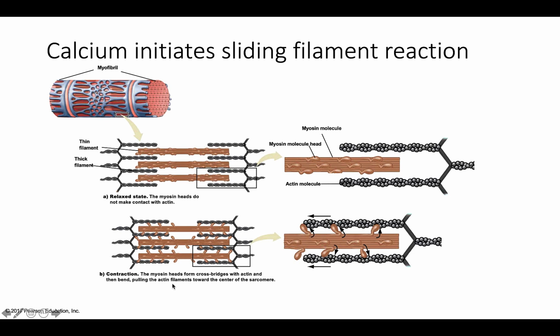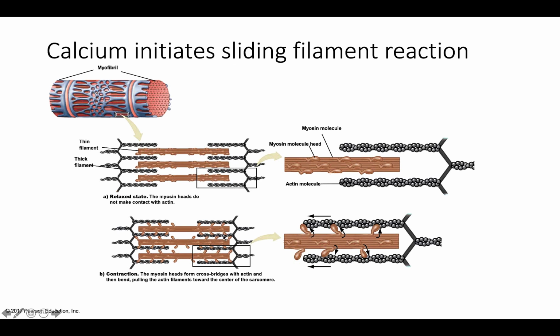The myosin heads form cross bridges with the actin, and that's simply when they make contact. That's all cross bridges means. Actin filaments are pulled toward the center of a sarcomere. The sarcomere shortens.